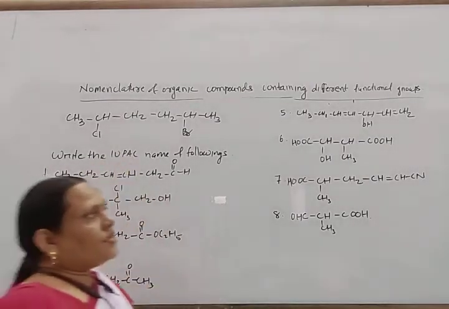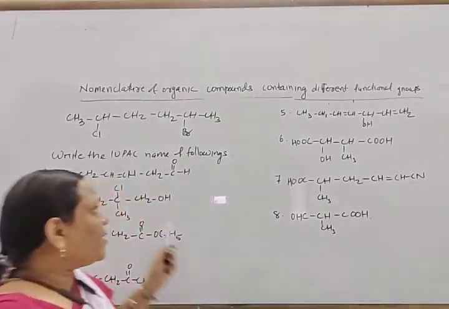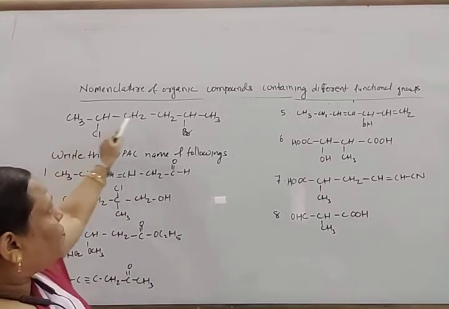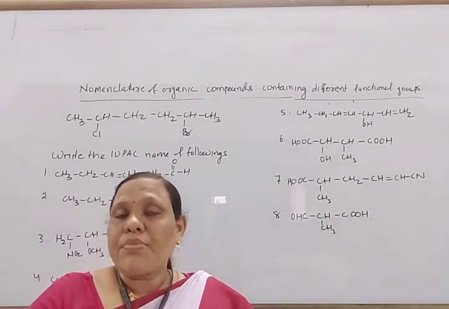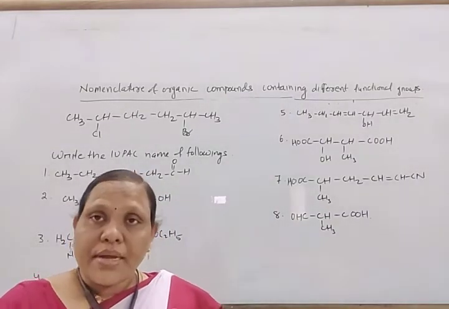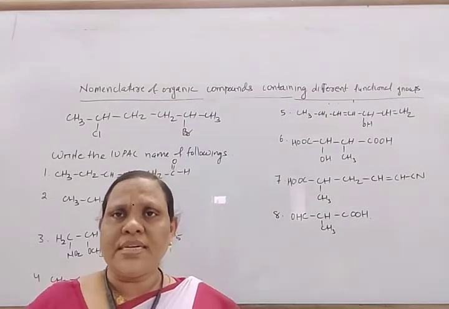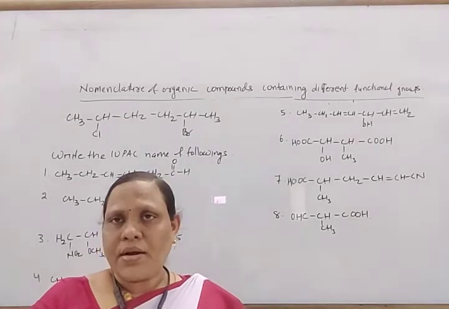So there are some questions to work out, to write the IUPAC name of this. Here I want to say one thing. What is the IUPAC name of this compound? I have told you how to write the IUPAC name of compounds which contain different main functional groups. If any compound contains different substituents, for substituents generally we use the alphabetical order.